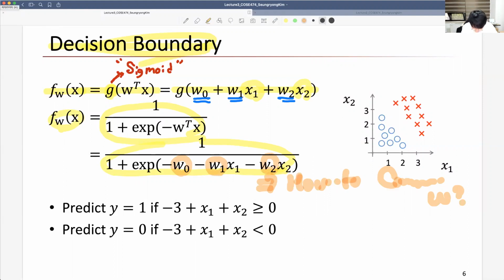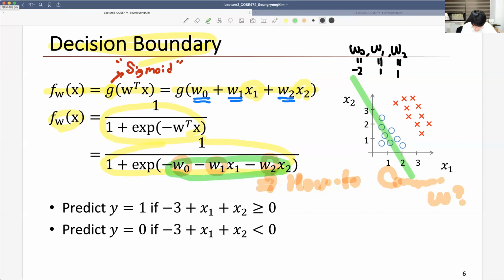For example, let's say w0, w1, and w2 are something like -2, 0, and 0. Then the shape of this term looks like this.